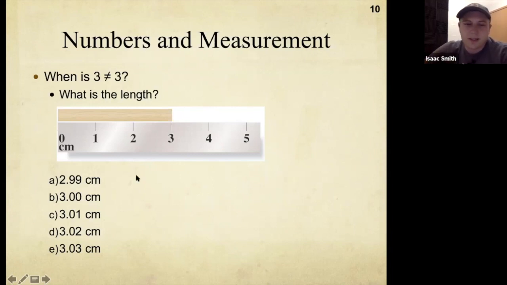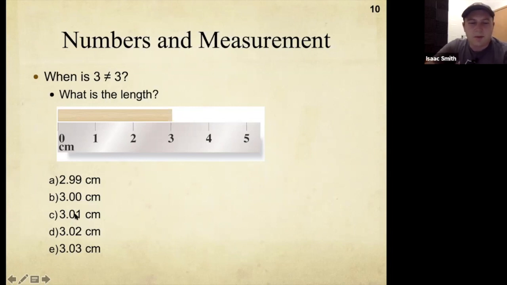And so this is where we get into significant figures. In a lot of measurements, you're going to have some numbers that are exact, or some numbers that you are confident on, I should say. So in this measurement, for example, we're confident that it's at least 3 because you can see that it's above the 3 mark. We are, however, not confident on the rest of the digits in this one.